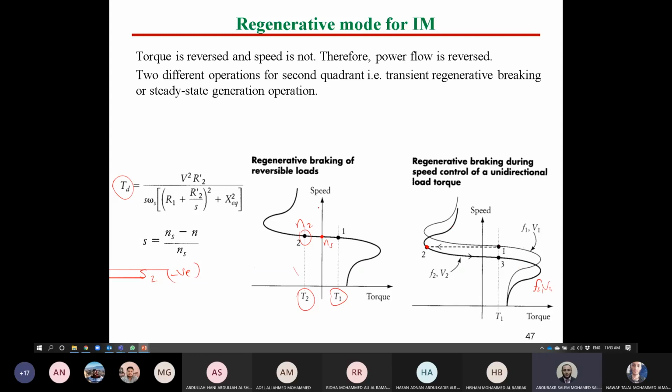These are the two cases that we can find regarding regenerative braking. Either we have an active load, which can be controlled to operate at regenerative braking for a long time, or if we make speed control, we can also have a part of regenerative braking during the movement from one curve to another.